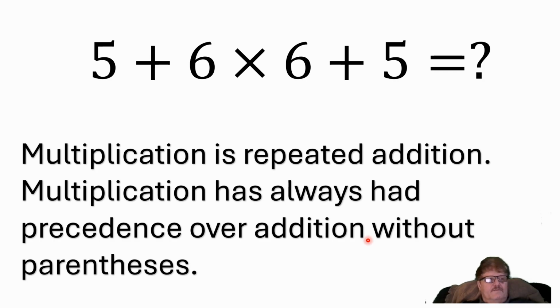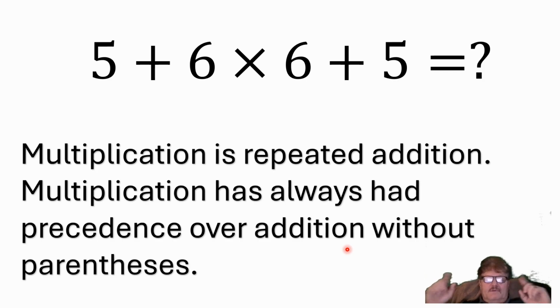It's leftover confusion where I think people were taught years ago that when you see multiplication, just assume there's parentheses around it, or you go ahead and put parentheses around it. I mean, you can put parentheses around the 6 times 6. It's redundant to do so. They're not needed. It's not necessary.